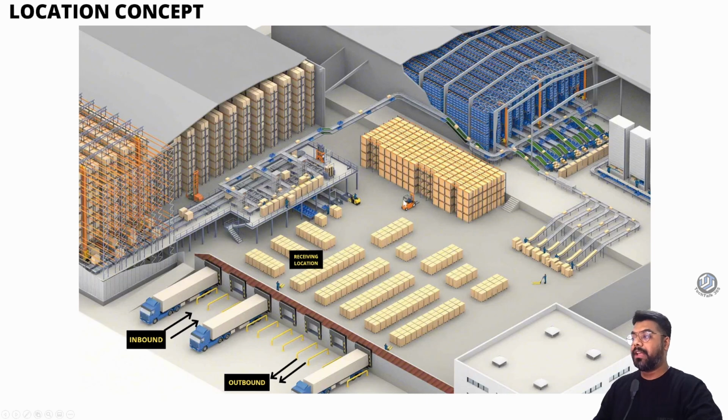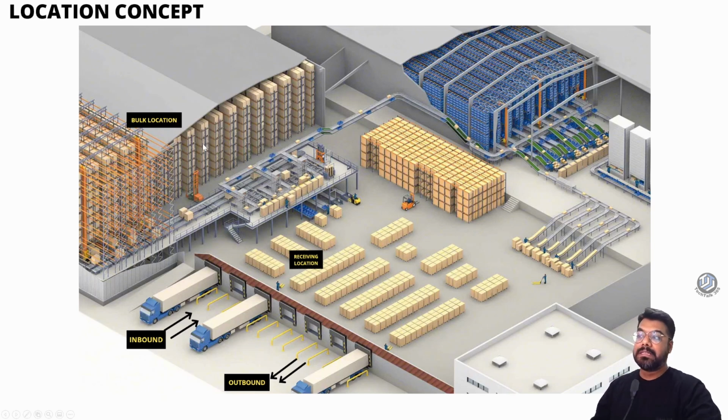A forklift like this would come and pick the parts from the receiving location and later put them into the bulk location. The bulk location is huge like this, and could have thousands of location IDs, thousands of aisles, racks, shelves and bins.